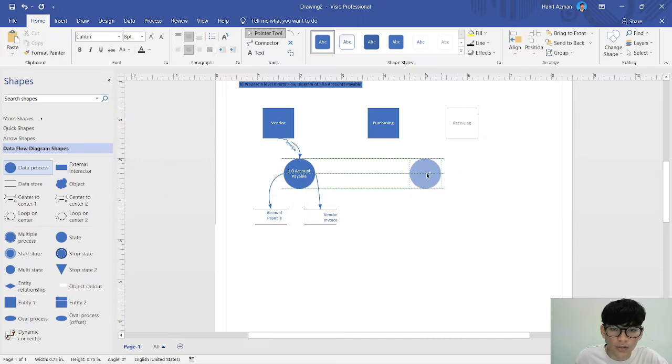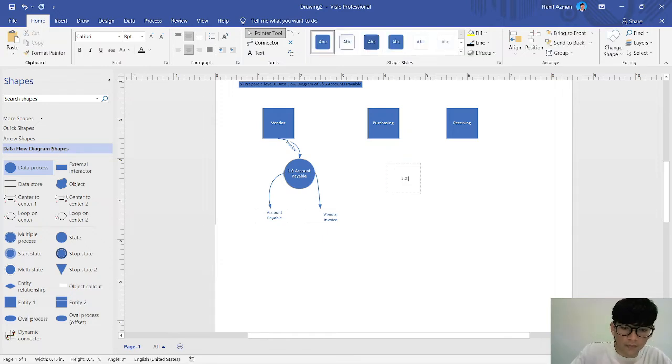And I will put a data transformation process here, 2.0 collect and store purchase order and receiving report.